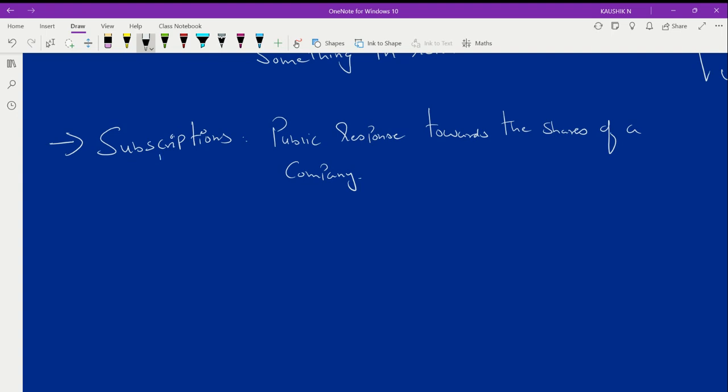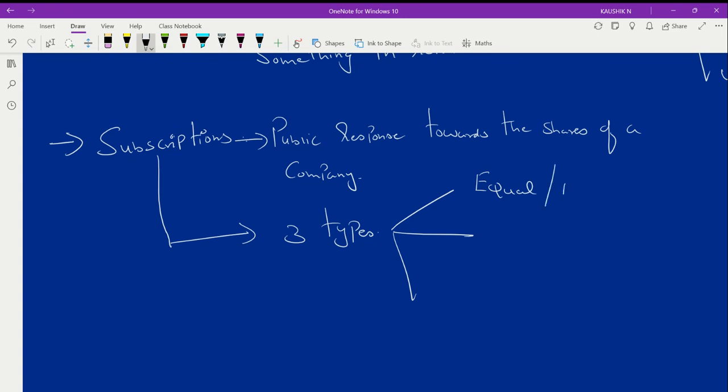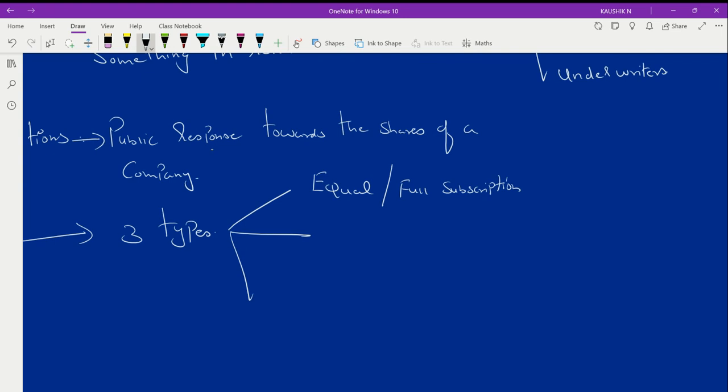Now, these subscriptions, how many types are there? There are three types. What are they? One you call equal or full subscription. The first category is equal or full subscription.